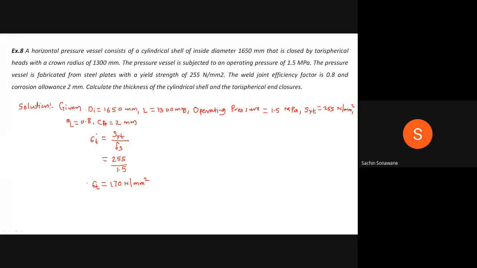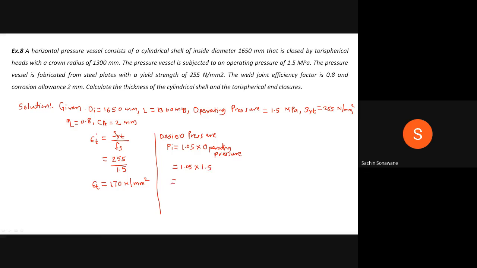Now we have to calculate the design pressure Pi. Write down design pressure Pi is equal to 1.05 into operating pressure, which is equal to 1.05 into 1.5.